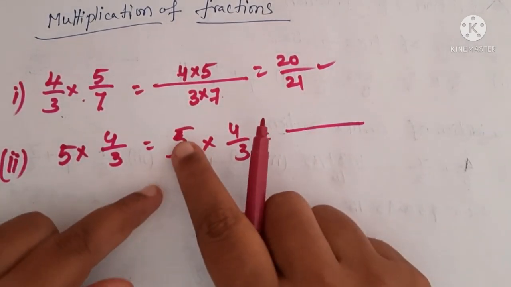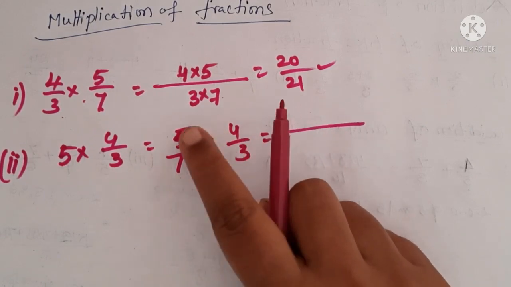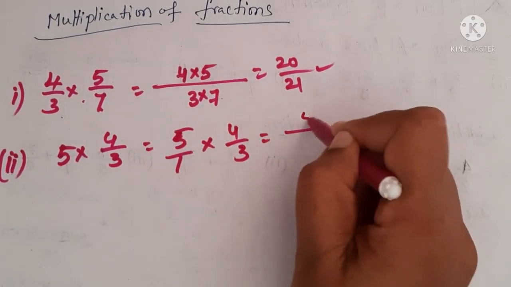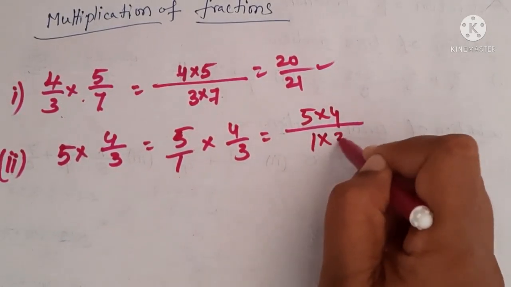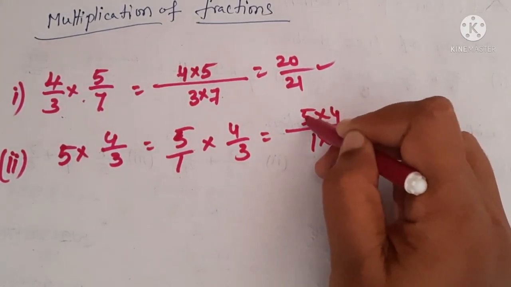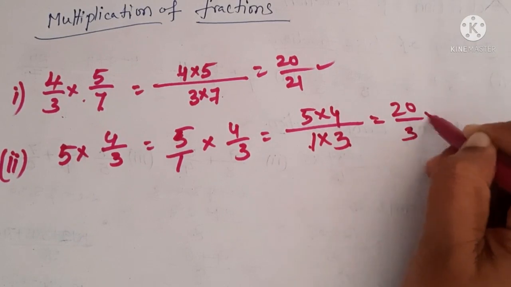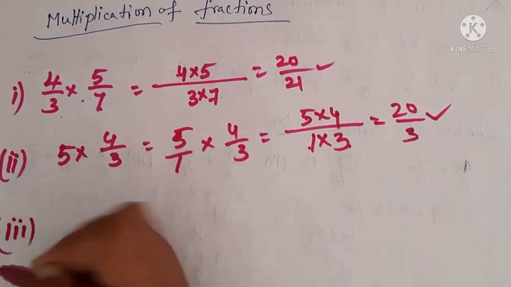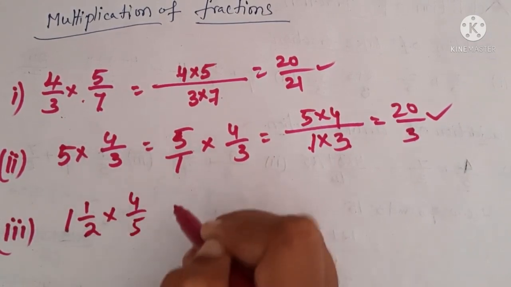So for multiplication of fractions, you multiply numerators and denominators. So 5 into 4, write in the numerator place. 1 into 3, write in the denominator place. See here, 5 into 4, you will get 20. 3 into 1, you will get 3. This is the answer.